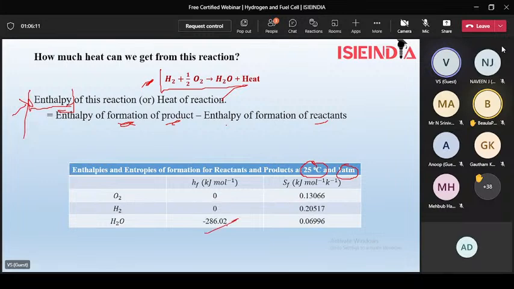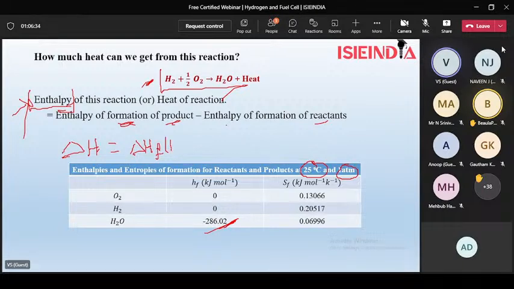From this data, we can calculate how much heat is released in the overall reaction. So del H will be the enthalpy of formation of product. What is it?